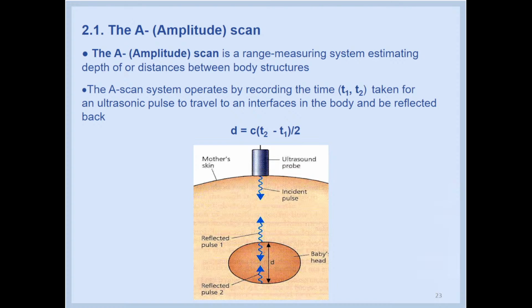This is essentially a range measuring system. It operates by recording times T1 and T2, in this particular case, taken for an ultrasonic pulse to travel to an interface in the body and be reflected back.